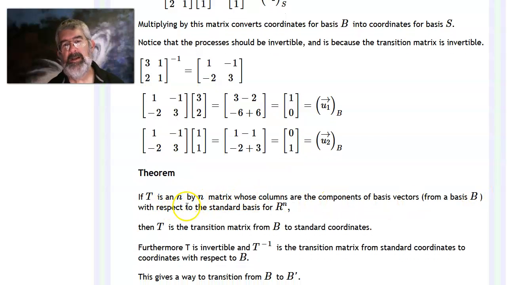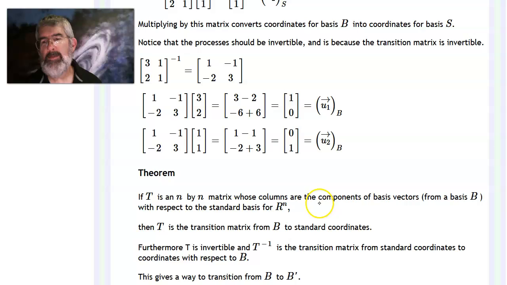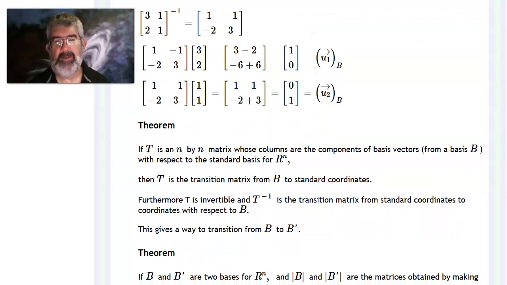If T is an n by n matrix whose columns are the components of basis vectors from a basis B with respect to the standard basis for Rn, then T is the transition matrix from B to standard. That's what we've already said. Furthermore, T is invertible, and the transition matrix can go the other way from standard to basis. Okay, that was that one. So let's move on to the next.